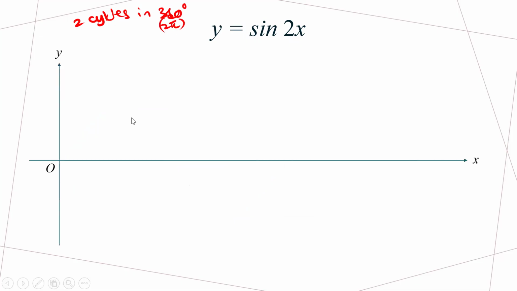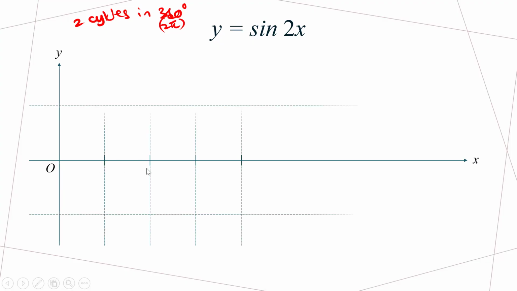Now, how do we sketch the graph? Always remember the 4 quadrants and mark them down. Every time for the 4 quadrants, start with sine, start with zero: 0, maximum, 0, minimum, 0. This is 1 cycle. We want 2 cycles.